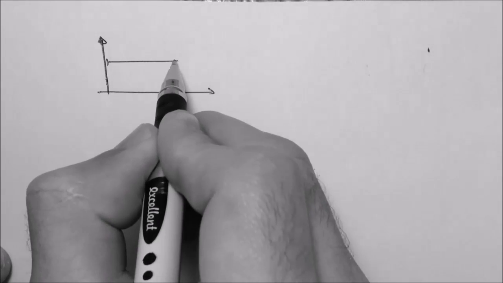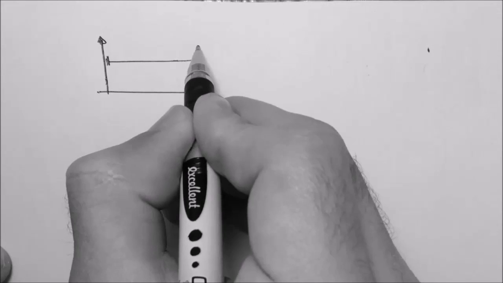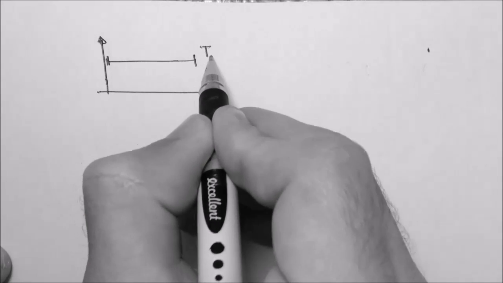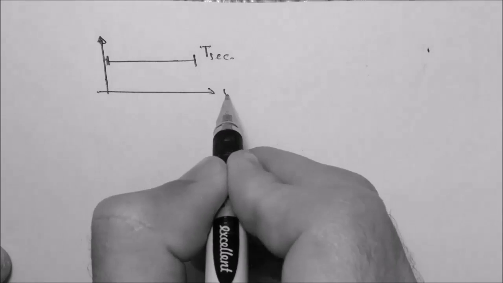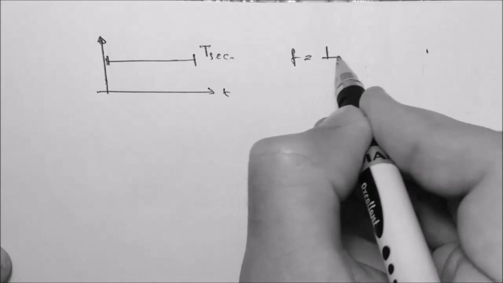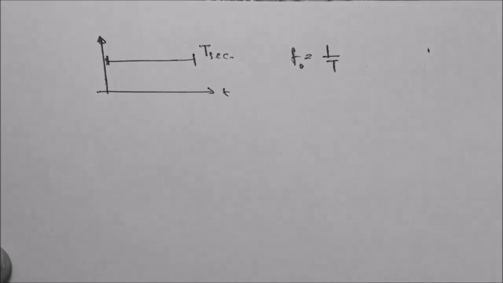So say we have f of t that has a duration of T seconds. So it has a frequency, f equals 1 over T. Let's call it f naught. Now we analyze the signal as follows.